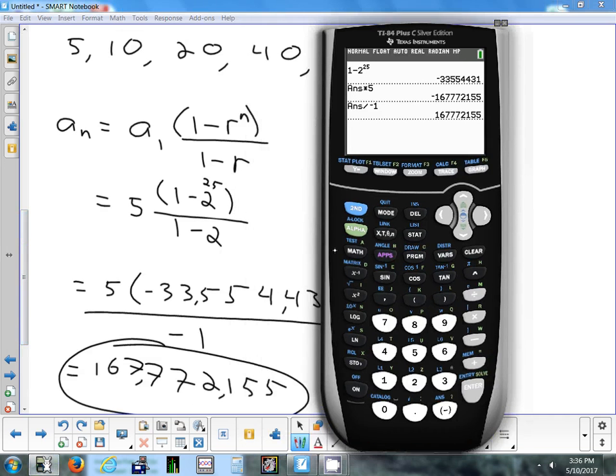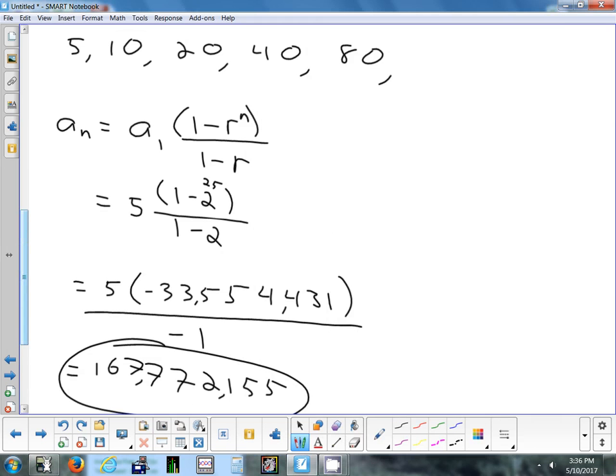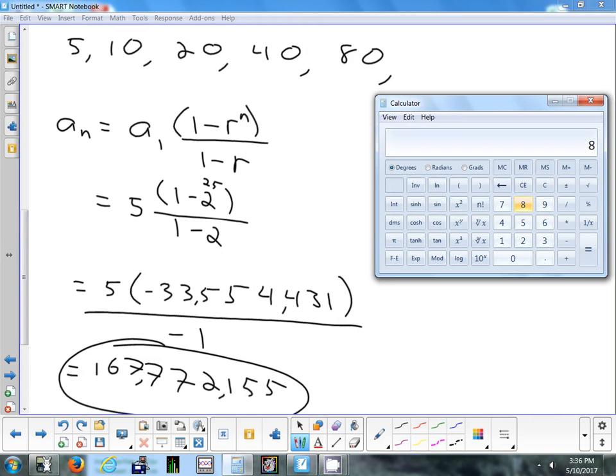So you could check it, but it would take a while to check that by hand. You'd have to do 5 plus 10 plus 20 plus 40 plus 80 plus 160 plus 320. But it starts getting pretty big. Look at how big it gets after 80. If you go 5 or 6 numbers after that, it's already 5,000.